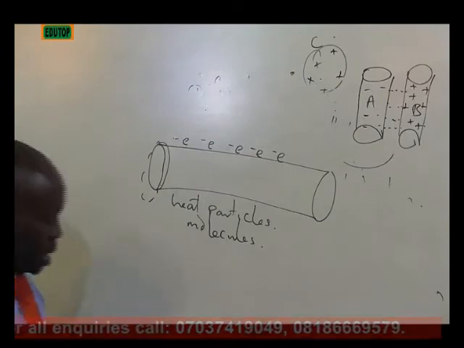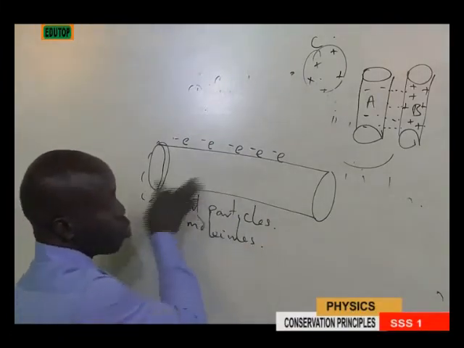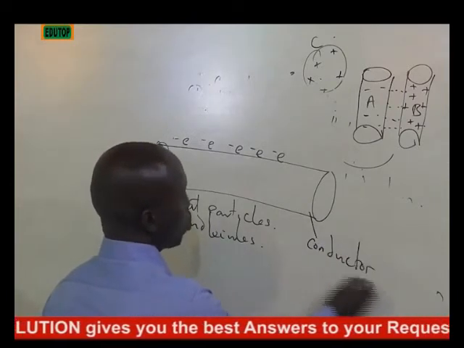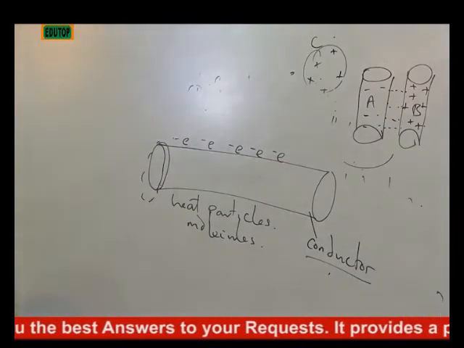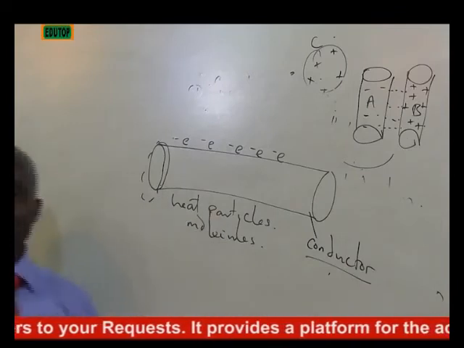So that rod, which allows these two parameters to move freely, is what we will term a conductor. Why? Because it allows free movement of both electrical charges and heat particles.